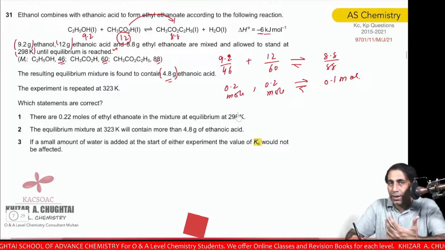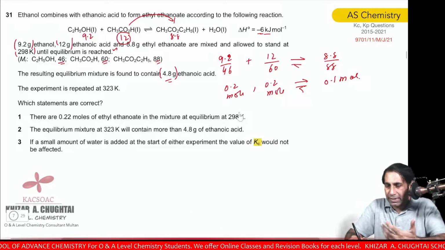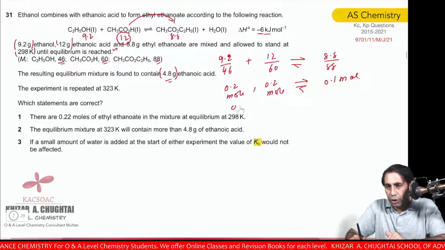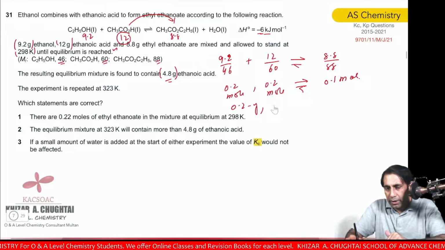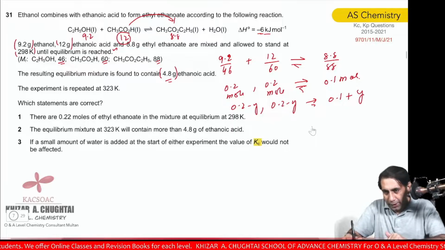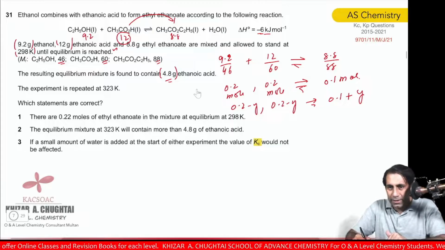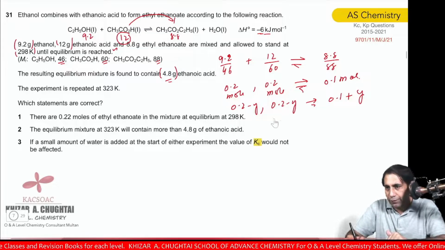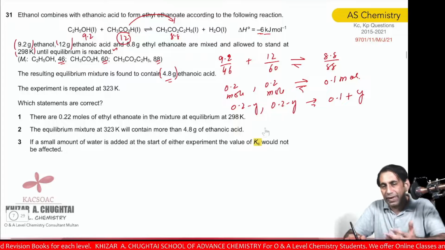After the state of equilibrium, 0.2 minus y, 0.2 minus y, and it will be 0.1 plus y.